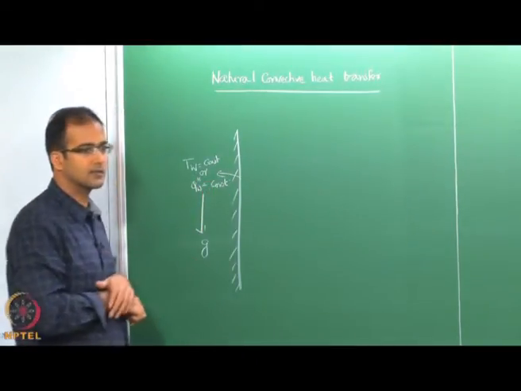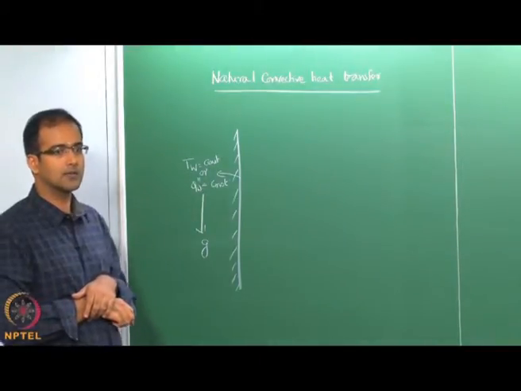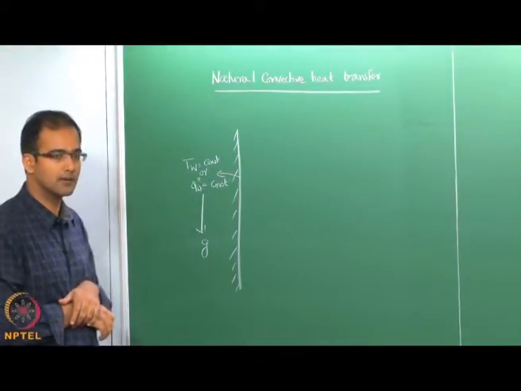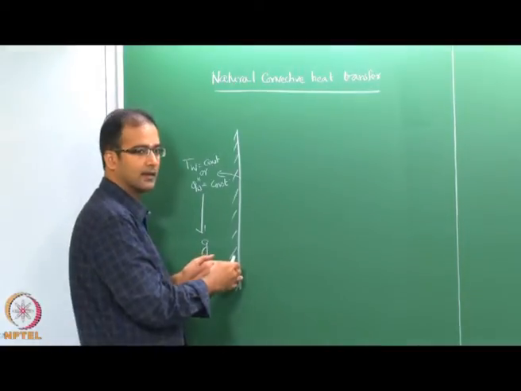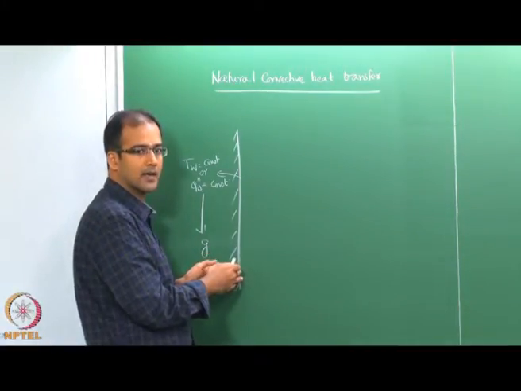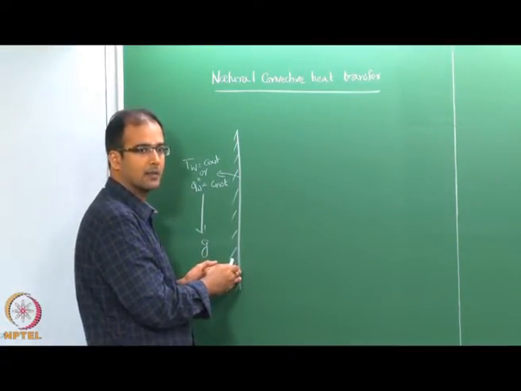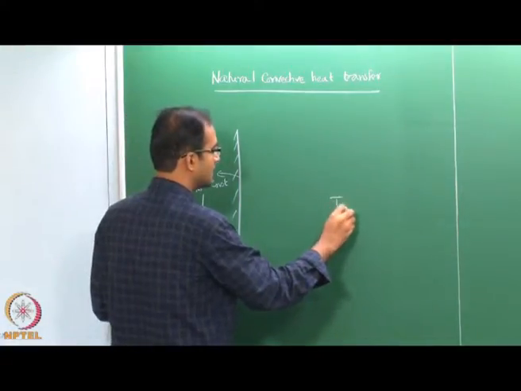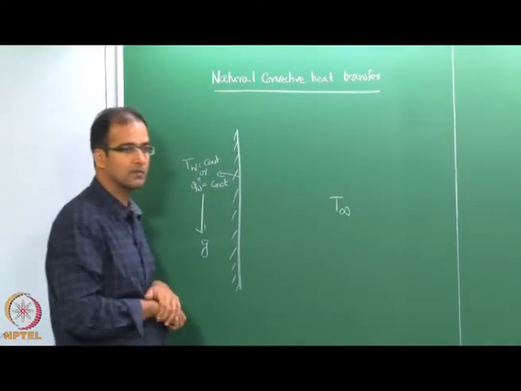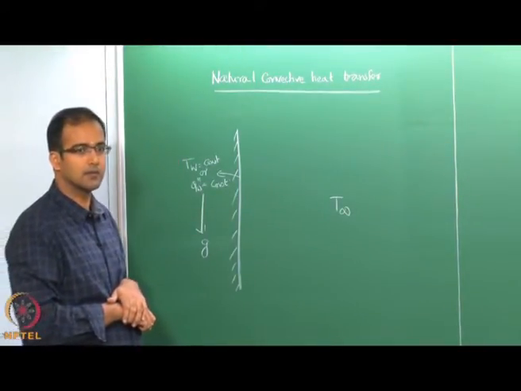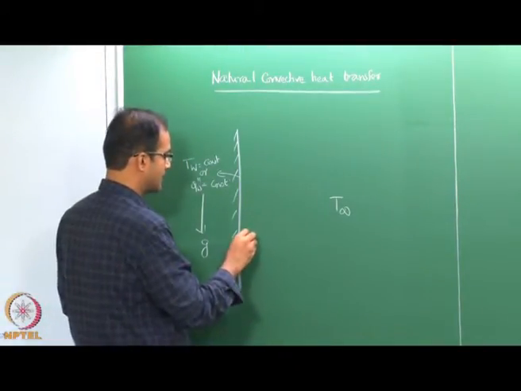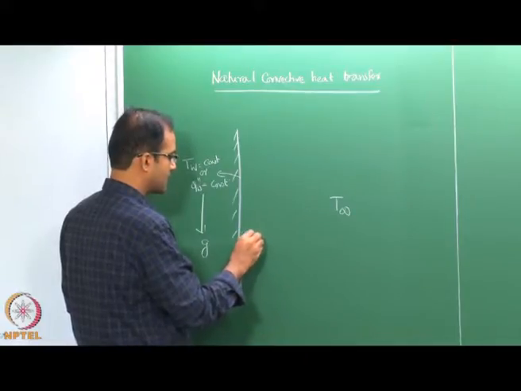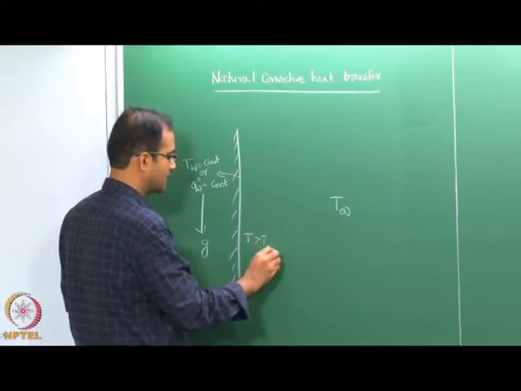Now, naturally what happens is that the fluid layer which is in contact with this plate will be at a higher temperature compared to the ambient, since you are heating the plate. Let us assume the temperature of the ambient to be T infinity. Therefore, the fluid layer will be at some temperature T which will be greater than T infinity.